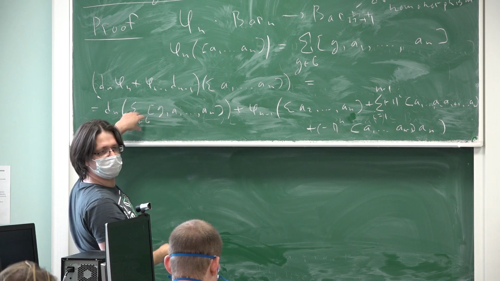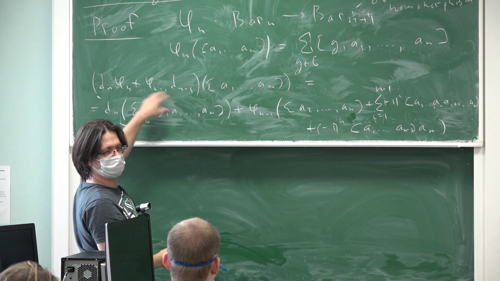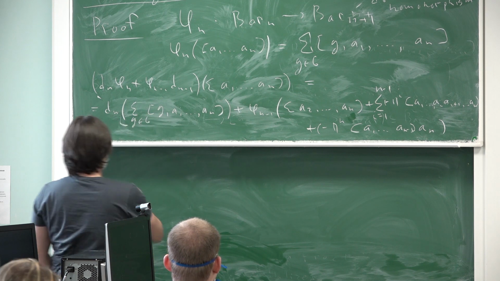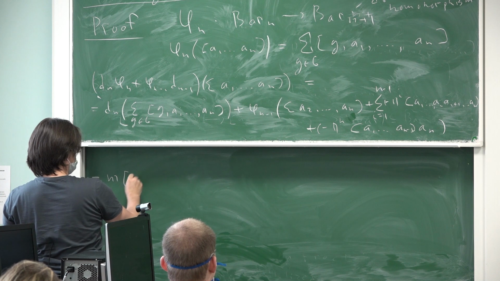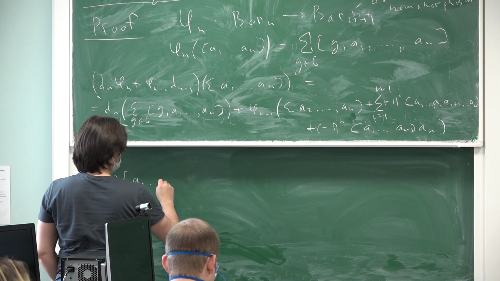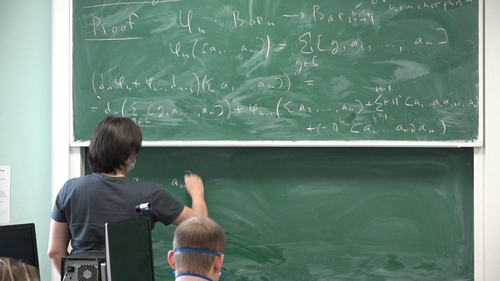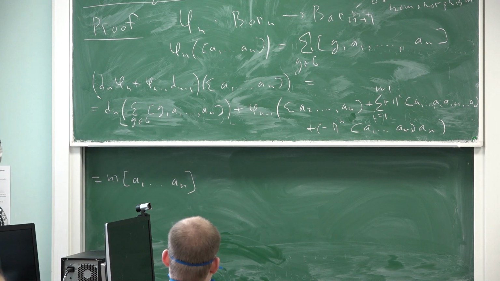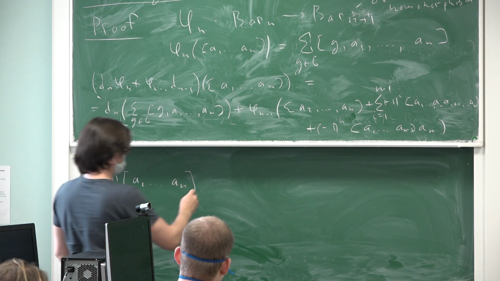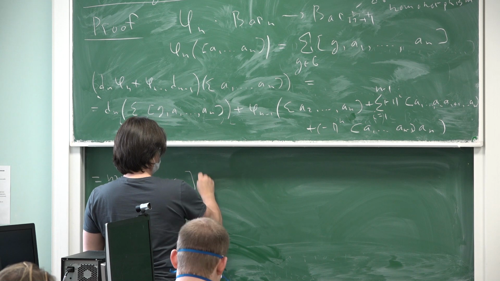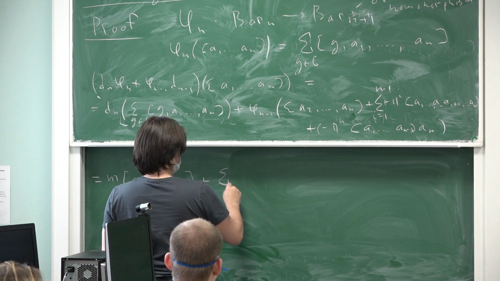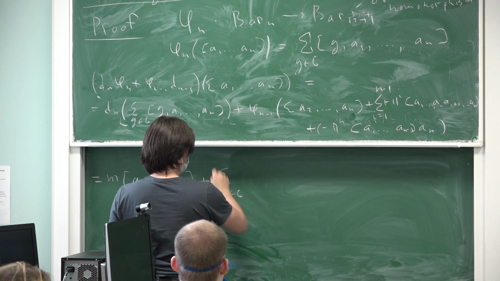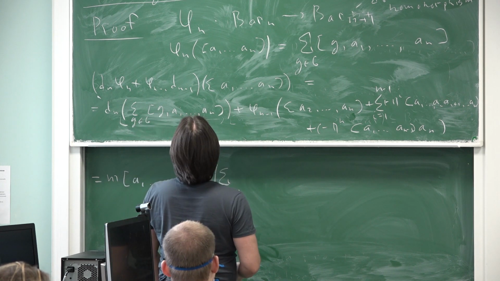You drop G, and take the sum m times. So you get m, A1, so on, AN. It's the first thing you get. Then you get the following thing. You get the sum over G from G of the following guys.